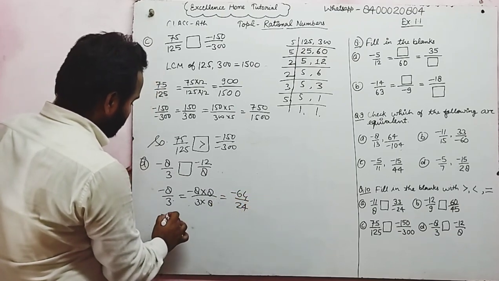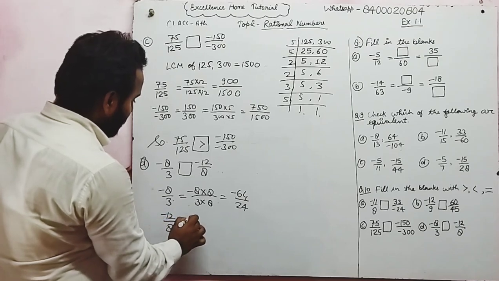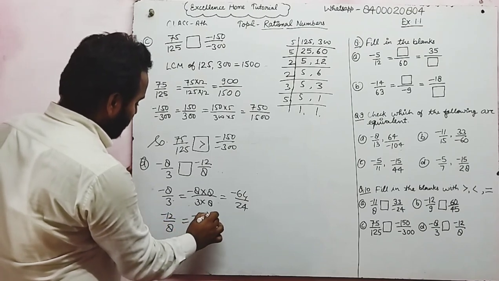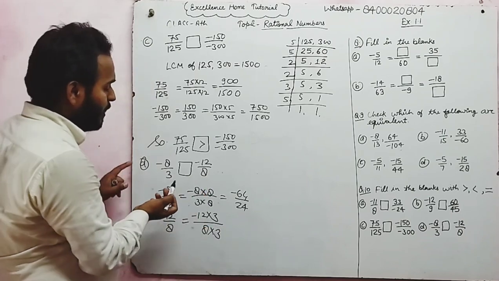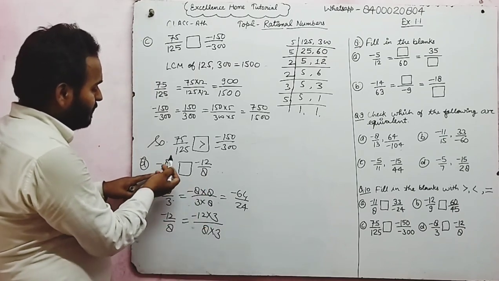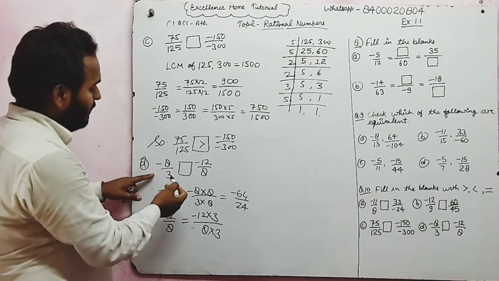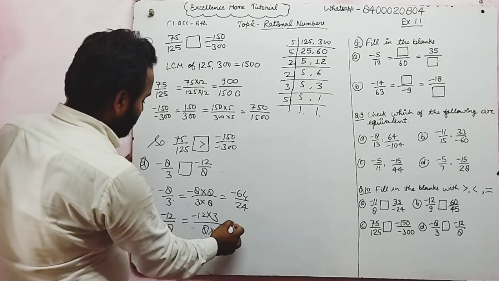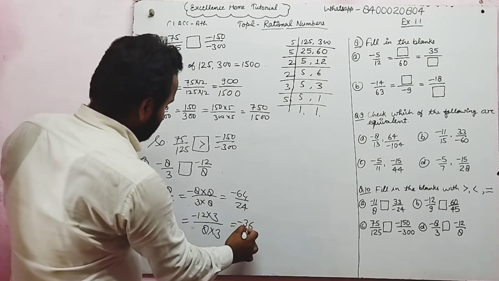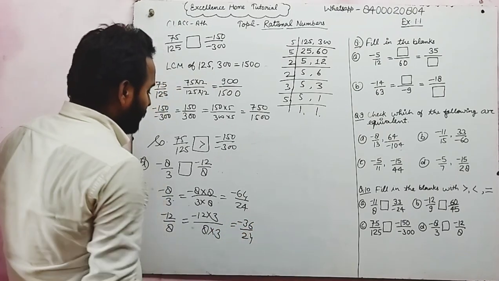And here minus 12 by 8, you can multiply minus 12 into 3 upon 8 into 3. That means you multiply by 8 both the numerator and denominator for the first, and 3 for the second. That means minus 36 upon 24.